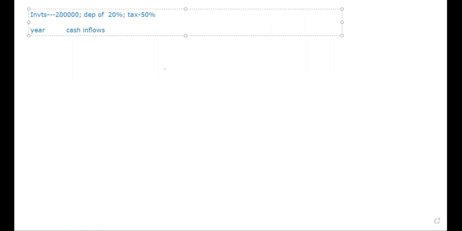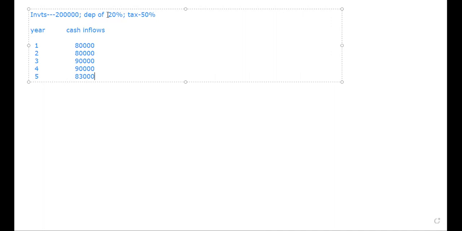So we will assume those are before tax. The first year, the cash inflow he has given is 80,000, and the second year is again 80,000, and the third year the amount is 90,000, and the fourth year is again 90,000, and the fifth year it is 83,000. So this is what I'll assume to be before tax.